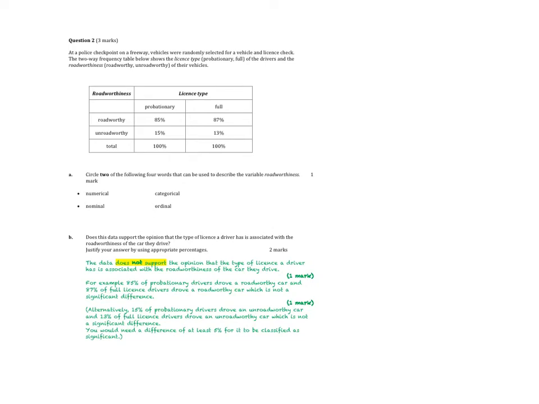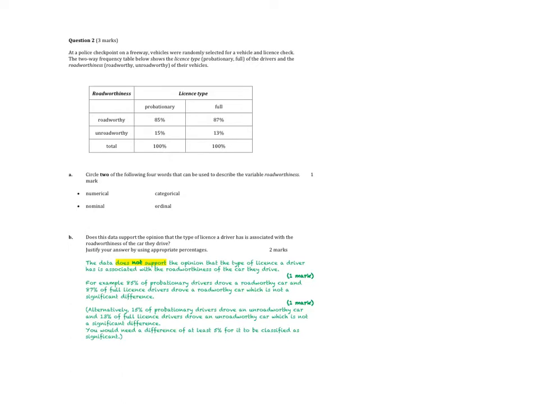So this was taken from an exam, and you can see that at a police checkpoint on a freeway, vehicles were randomly selected for a vehicle and license check. The two-way frequency table below shows the license type, so whether you're a P-plater or a full driver, and what type of car you had in terms of was it roadworthy or unroadworthy.